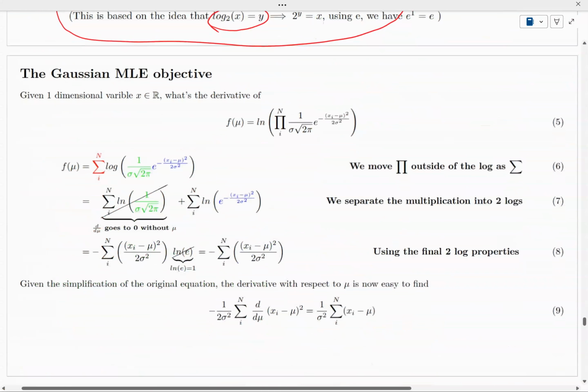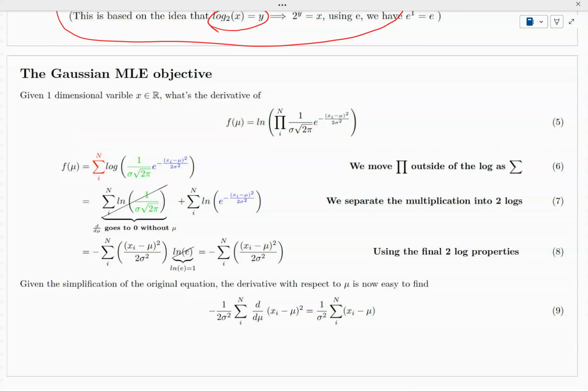Okay? So first, what we do is we move this outside as a sum. Notice how over here is multiplication inside the log. Oh, this should be log, and then we move it outside. Okay. Once we move it outside, then if we're going to take derivative with respect to mu, notice how this has no mu. Oh wait, one second.